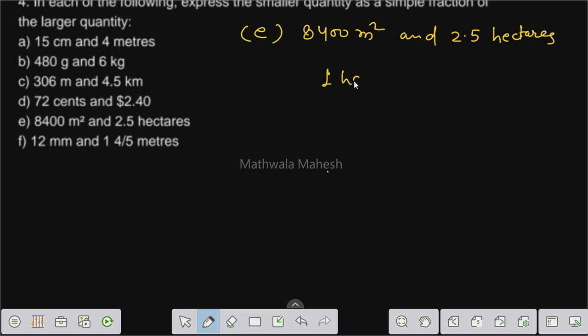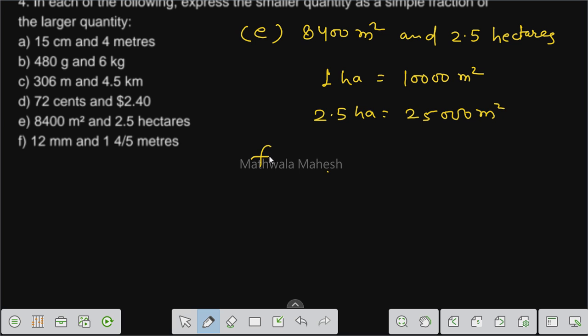You know that 1 hectare equal to 10,000 meter square, sorry. So 2.5 hectare equal to 25,000 meter square.